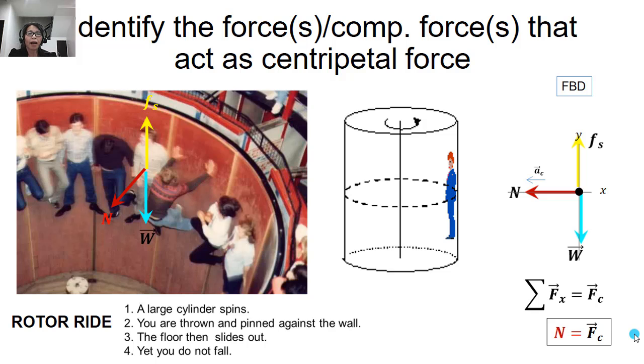Always bear in mind, first we draw our free body diagram. Then we identify the forces that point in the direction towards the center and the forces that point out away from the center. Then we write the summation of forces to identify the net force that acts as our centripetal force.